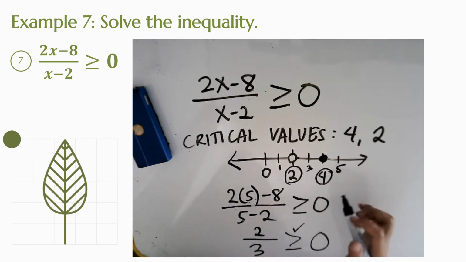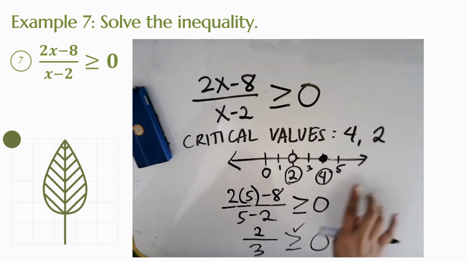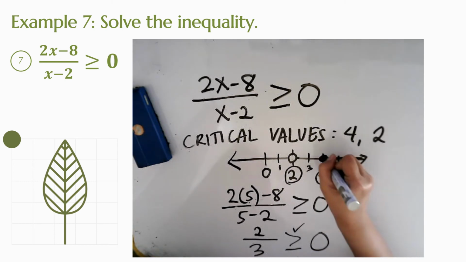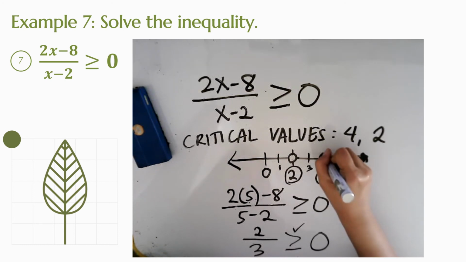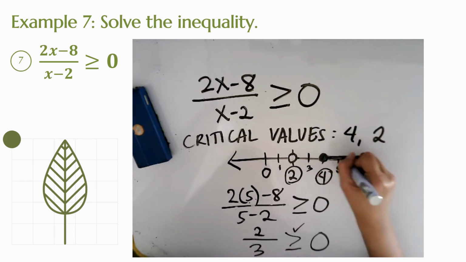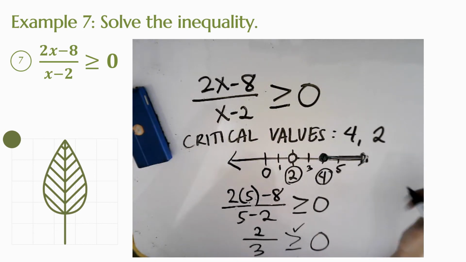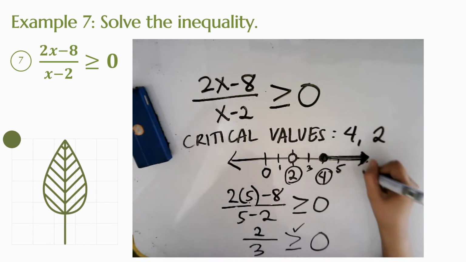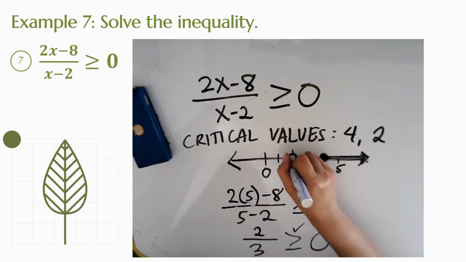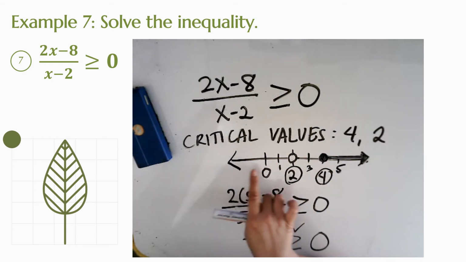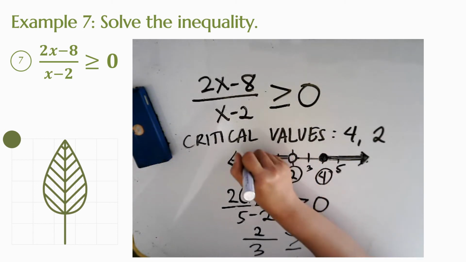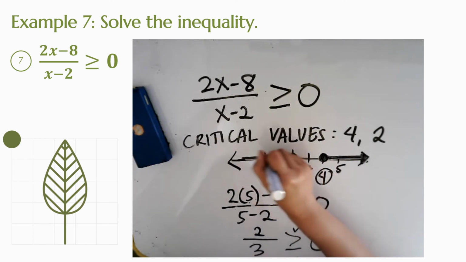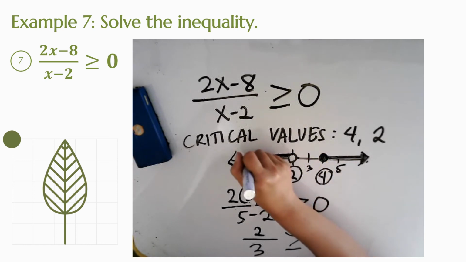Since the solution lies on the right side of 4, we are going to draw lines here, showing that the solution is on this area, starting from 4 up to positive infinity. So that is endless. And there's also a solution on the left side of critical value 2, so we are going to draw a thick line over here.